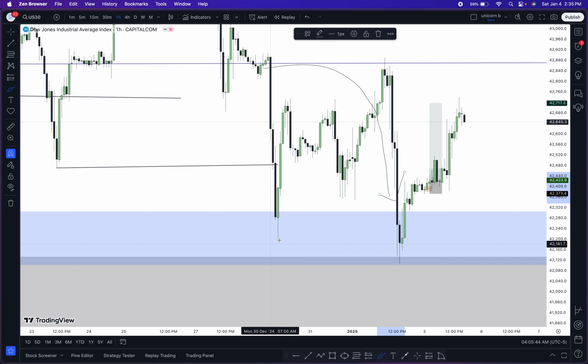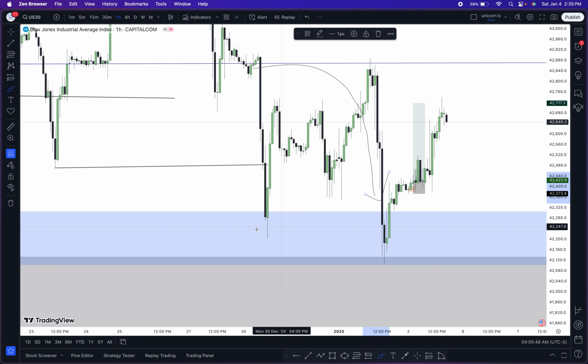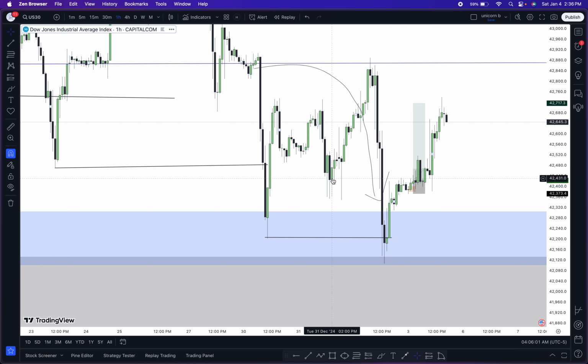I expect this external liquidity to be taken before price moves. And you can notice here, after expansion and displacement in price delivery, price took out all of this liquidity in US30 on the 1 hour time frame.